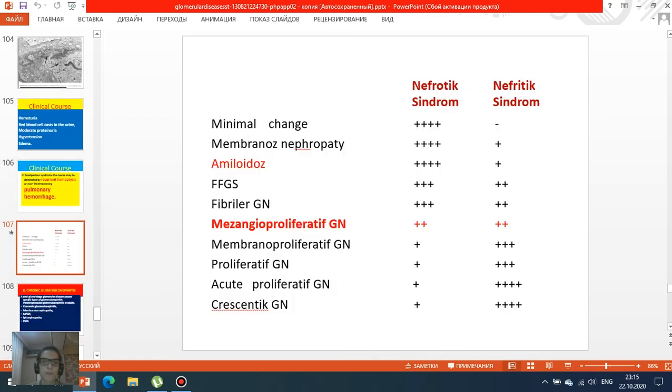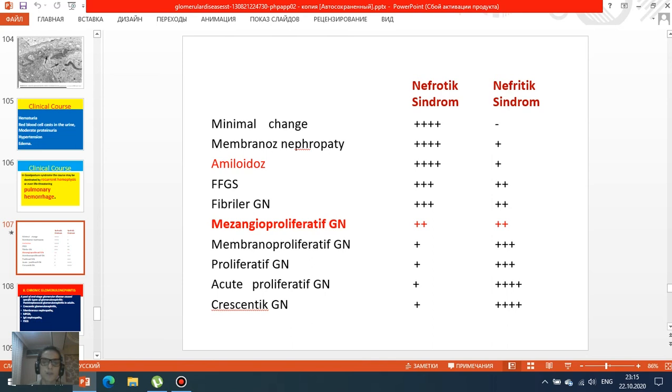Here you can see different forms of glomerulonephritis with different kidney syndromes. Minimal change disease is characterized by nephrotic syndrome.